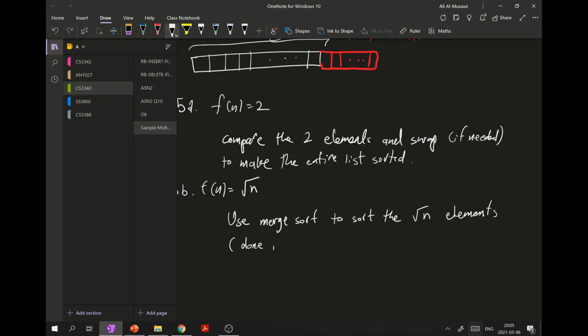This can be done in square root n log of root n time.